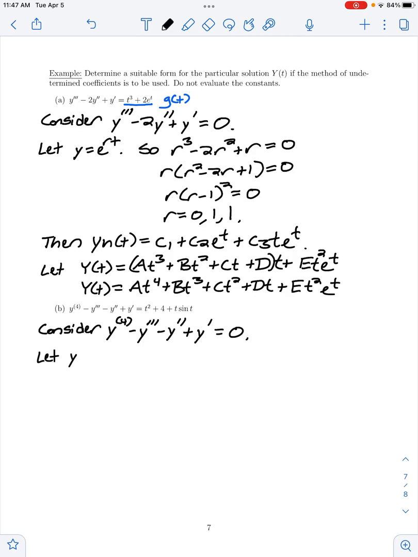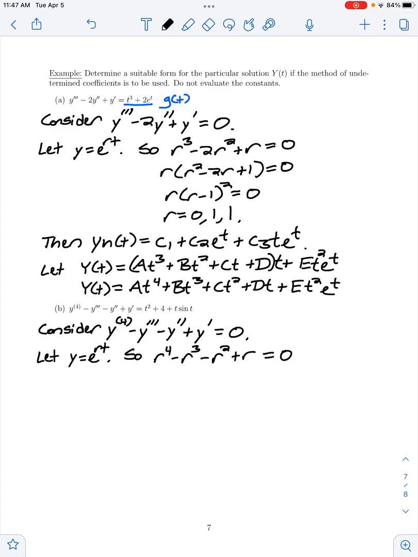And if we're looking for solutions of the form e to the rt, then we obtain a characteristic equation of r to the fourth minus r cubed minus r squared plus r is equal to 0.